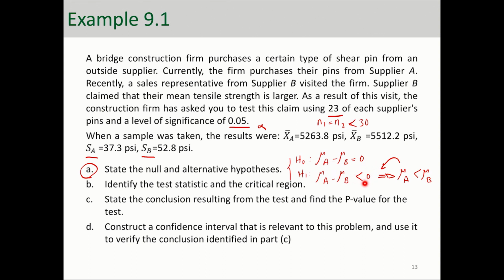It's a one-sided test of type less than. So now we want to identify the test stat and critical region and use the data that are given here to make the conclusion in part C and find the p-value. So let's go ahead and do that.